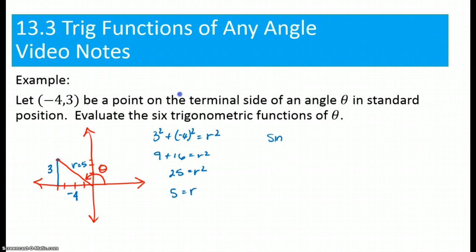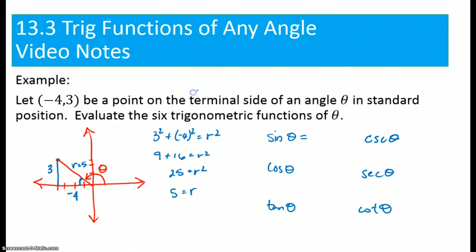So now I need sine, cosine, all of that. So sine of theta, cosine of theta, tangent of theta, and remember sine matches cosecant of theta, secant of theta, and cotangent of theta. So now here we go. We have our angle right here.